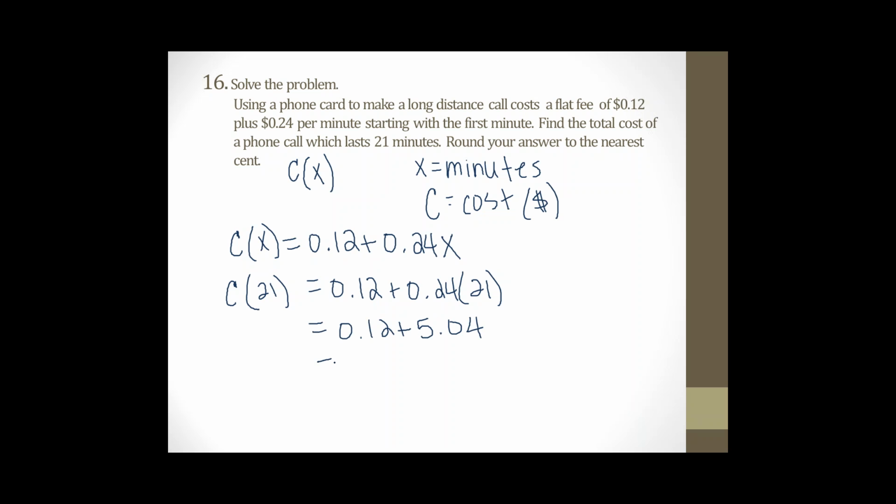That's going to give us $5.16. And it says to round your answer to the nearest cent. That is basically the same as rounding to the nearest hundredth or 2 decimal places. So this would be our final answer here: $5.16. All right.